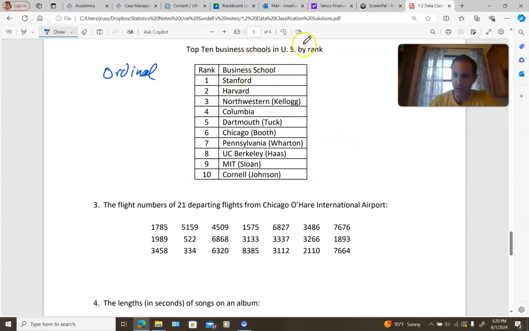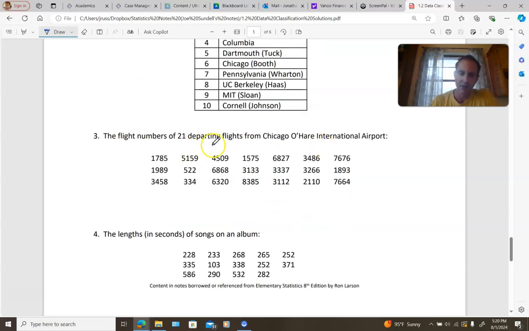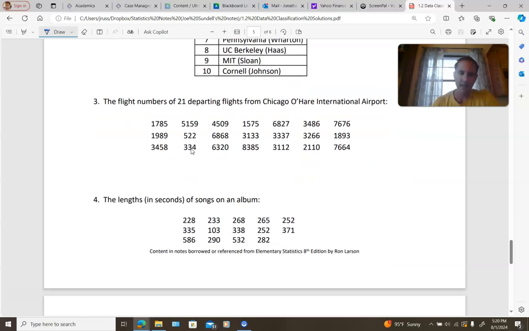These are in order by rank, okay? These flight numbers are strictly for designating the flight. These are almost like names for the flights, okay? So that is at the lowest level of measurement. So that is going to be nominal, okay? It's just like if we had all the students' names that were in this course. It's the same thing. They're just labels.